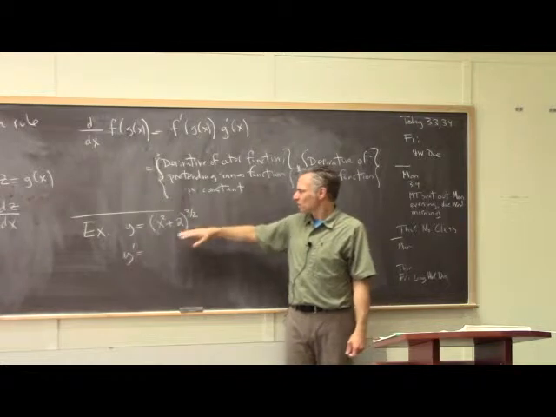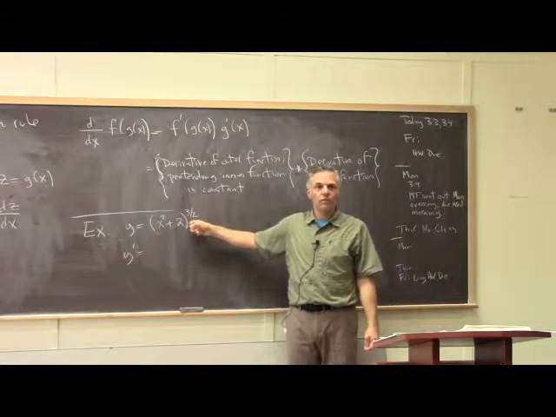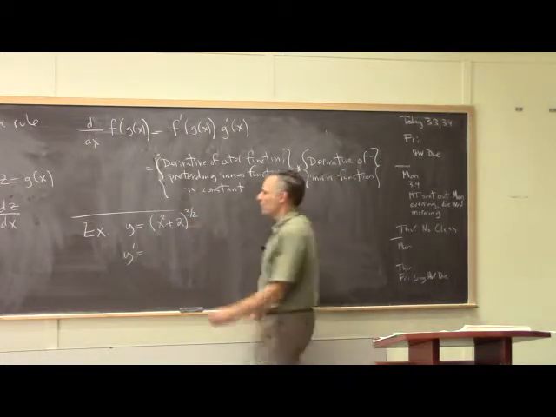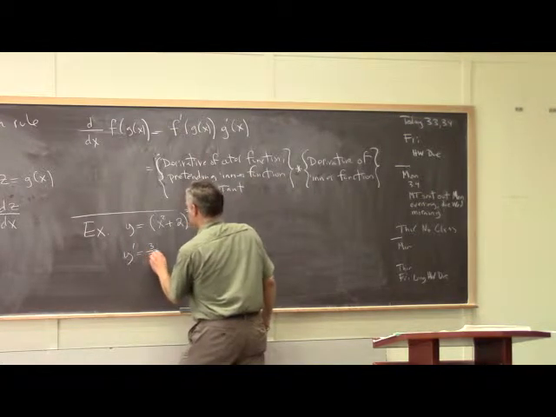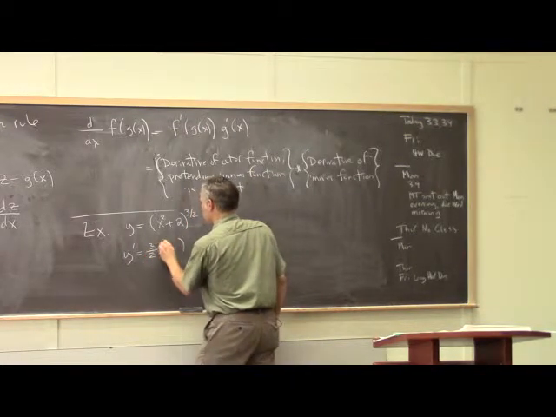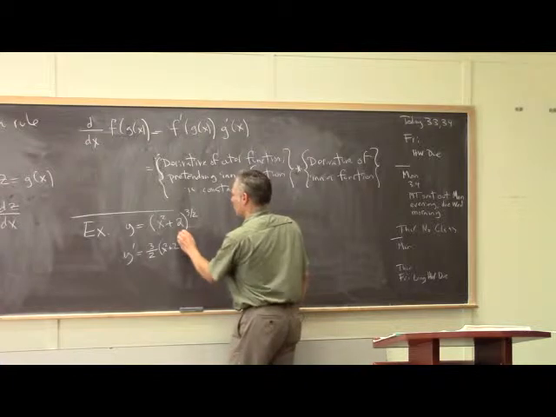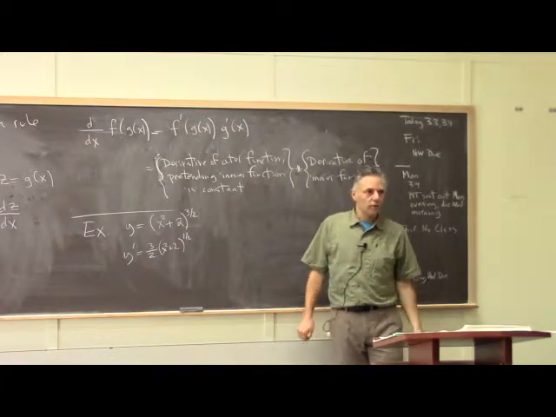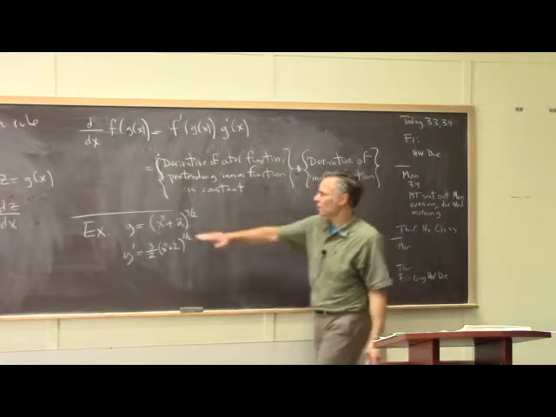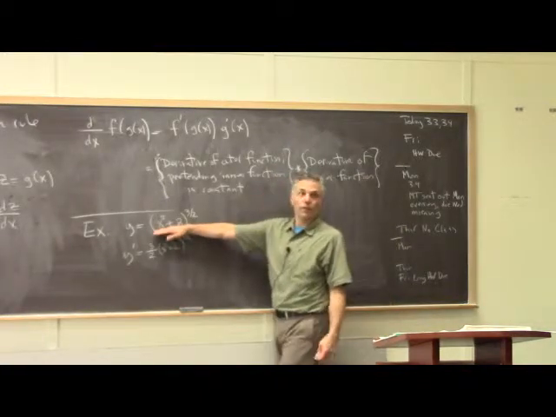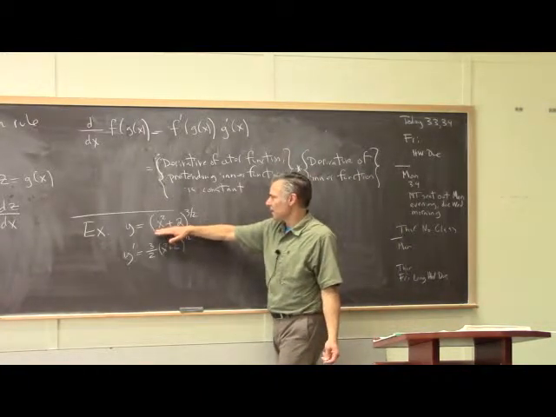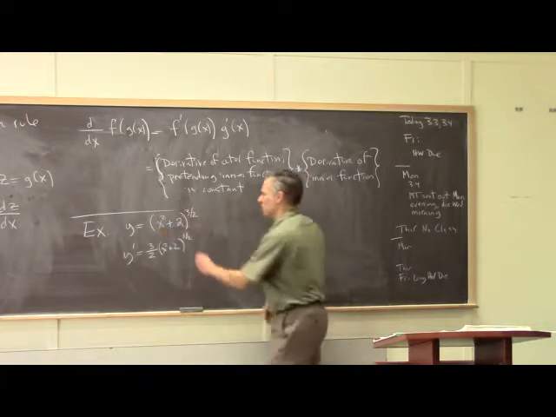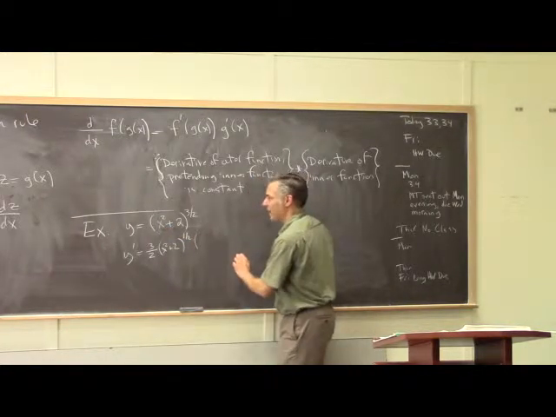So what's the derivative of blah to the 3/2? 3/2 blah to the half. Yep. Then I need to take the derivative of the inner function. The inner function, formerly known as blah, is x squared plus 2. Derivative of x squared plus 2 is 2x.